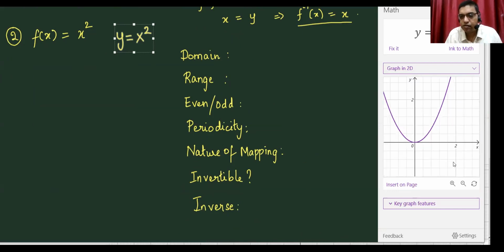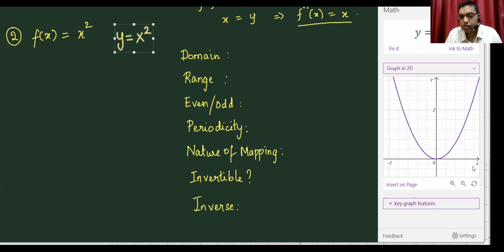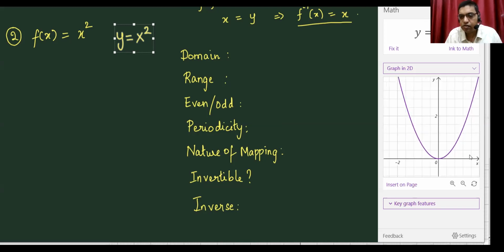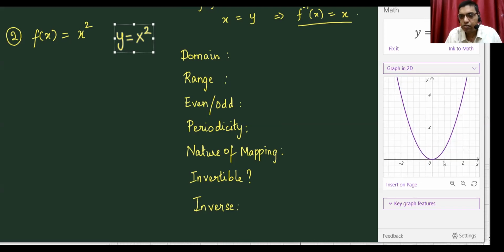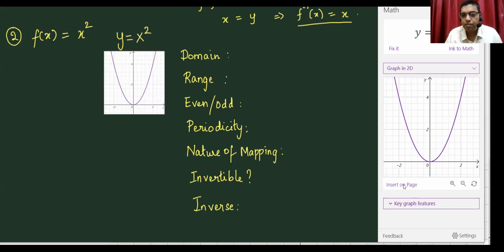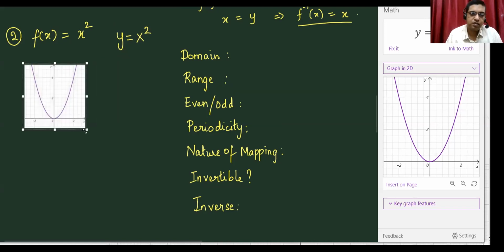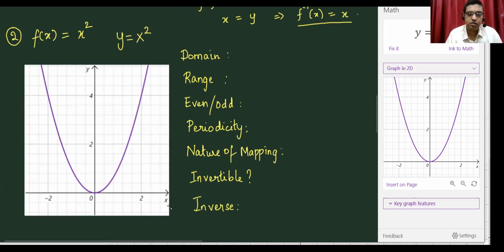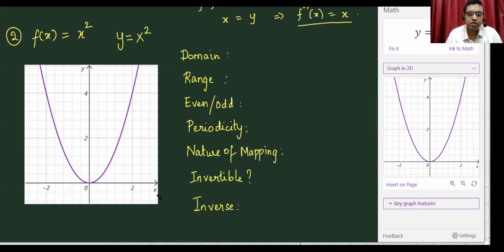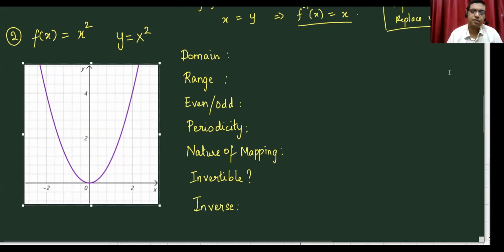This is a parabolic graph, y equal to x square.